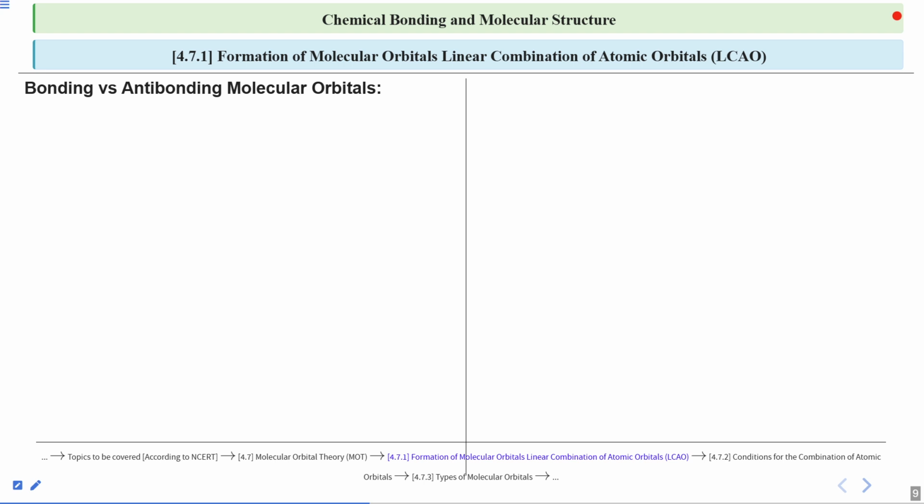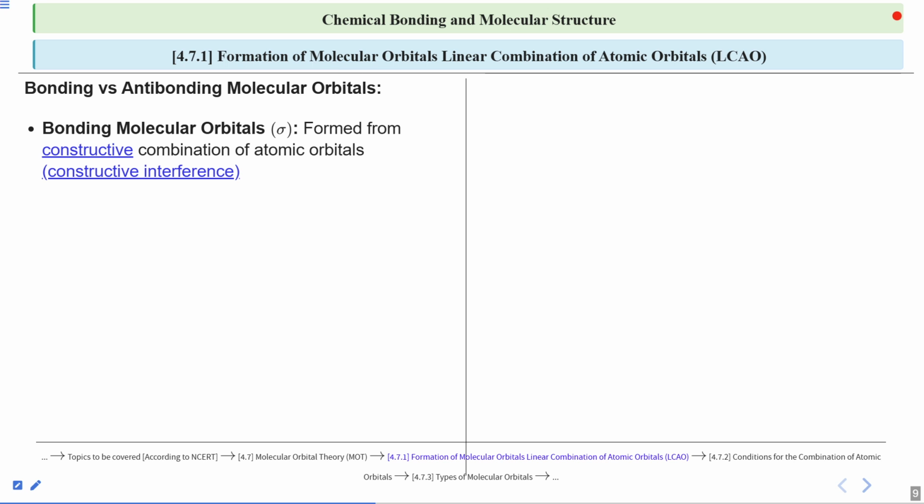Now we will move on to the two types of molecular orbitals that are formed. We have seen that molecular orbitals are formed by the combination of psi A and psi B. So the combination can be either positive or negative. Now what is the result of the positive one and what is the result of the negative one? We will see that. So first of all, we will talk about the positive one.